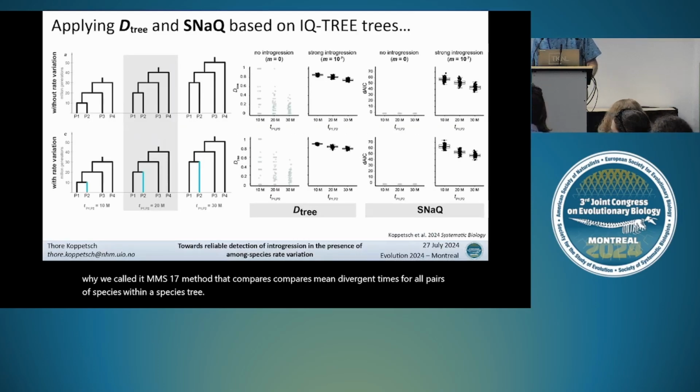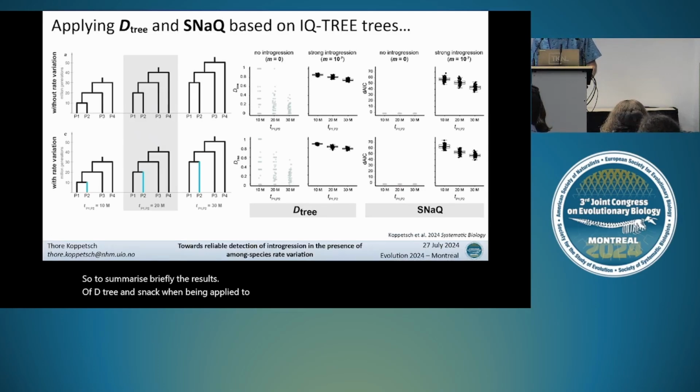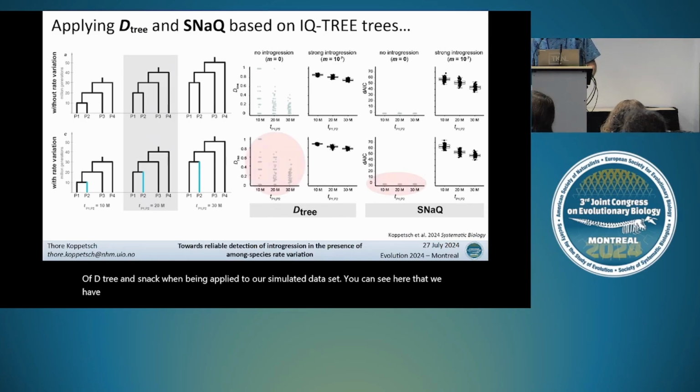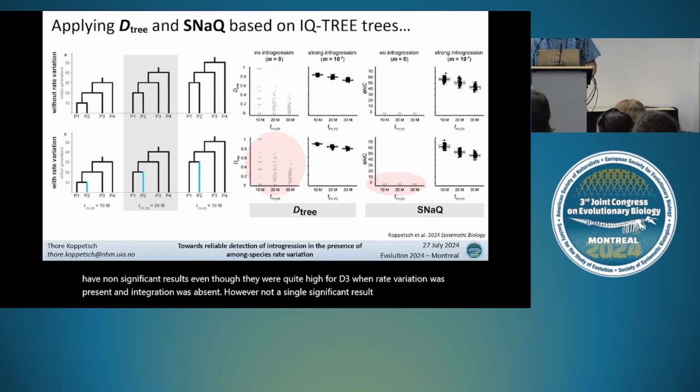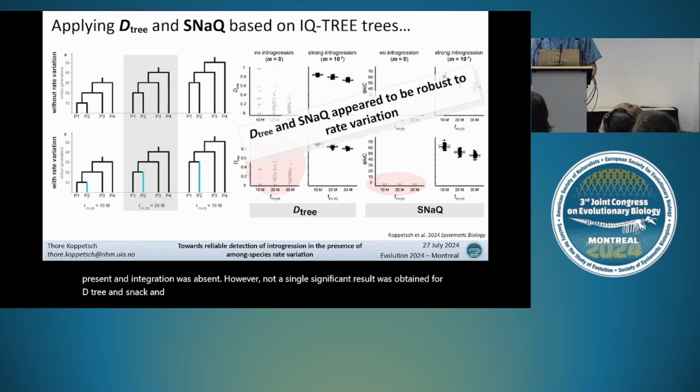So to summarize briefly the results of D-tree and SNaQ when applied to our simulated data set, you can see here that we have non-significant results, even though they were quite high for D-tree when rate variation was present and introgression was absent. However, not a single significant result was obtained for D-tree and SNaQ, and therefore we can conclude that both D-tree and SNaQ are robust to rate variation.